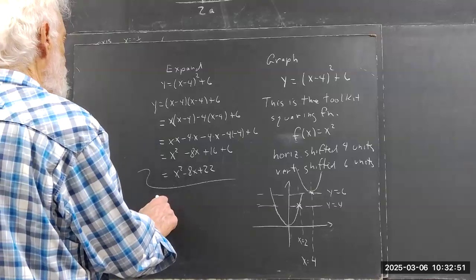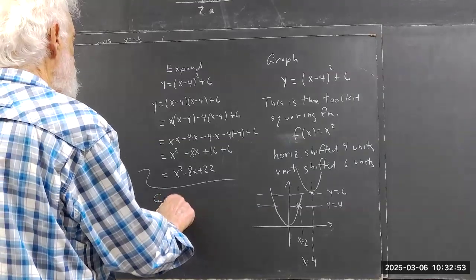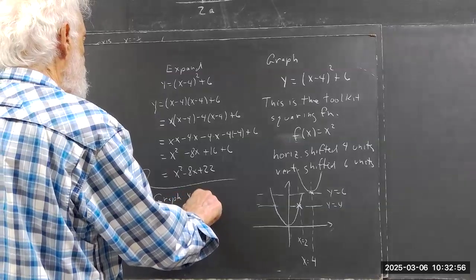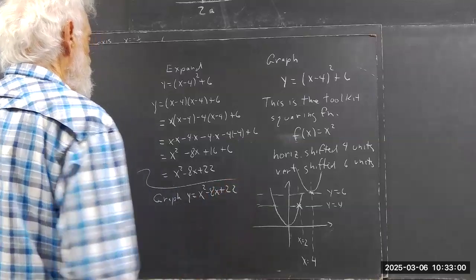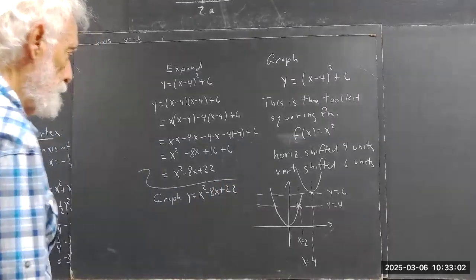Okay, so now how would we graph x squared minus 8x plus 22?